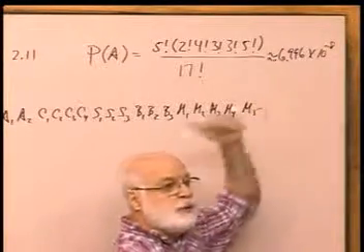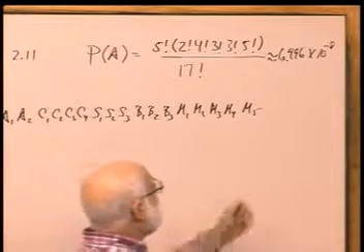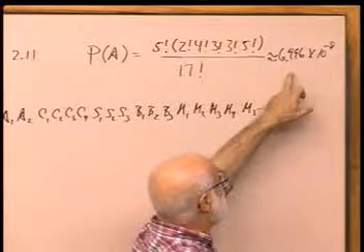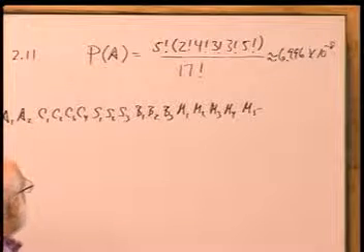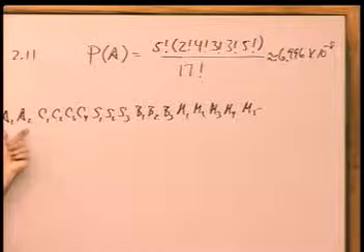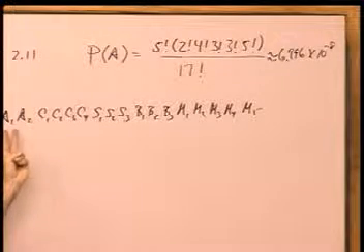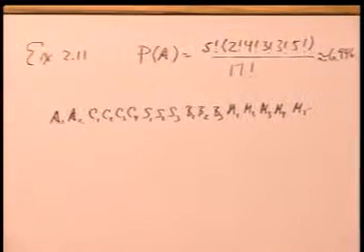Let's see, 10 to the 9 would be a billion. So this is about 7 times out of 100 million. Only 7 times out of 100 million would it be true that the books just happen to be ordered such that books of the same topic are next to each other, if that occurred at random.